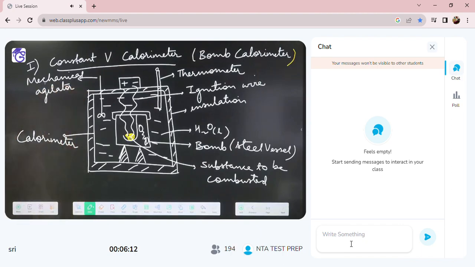Right? So simply write this out, draw this out, then we'll proceed further. Once you are done, then we'll understand what is happening there.